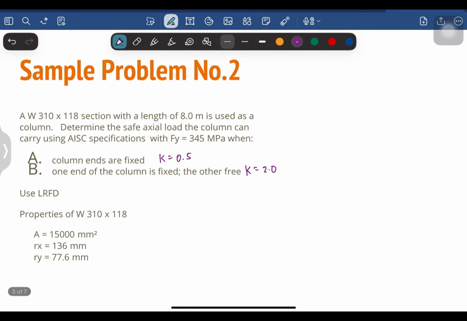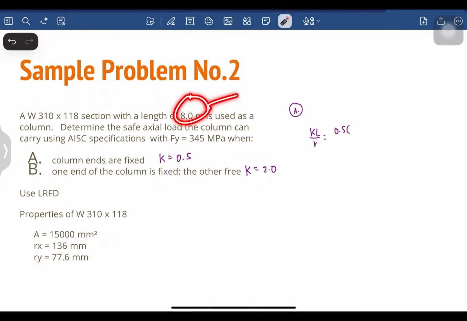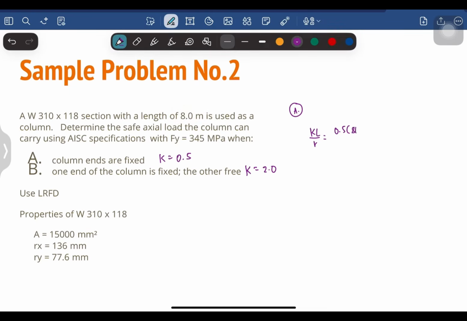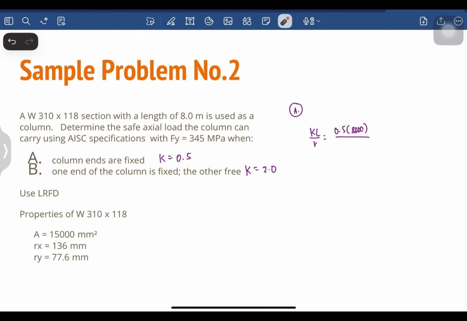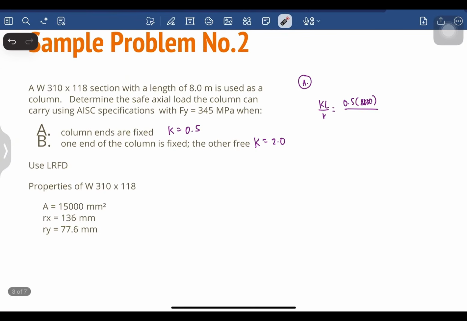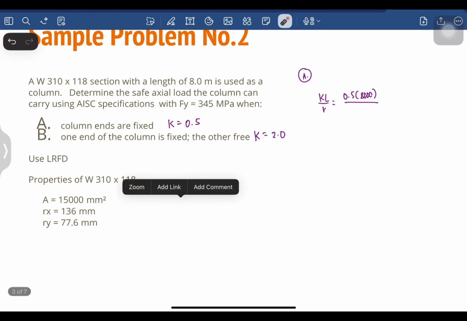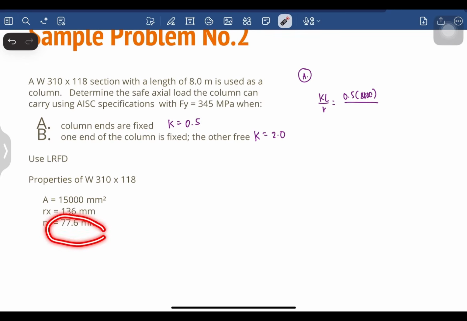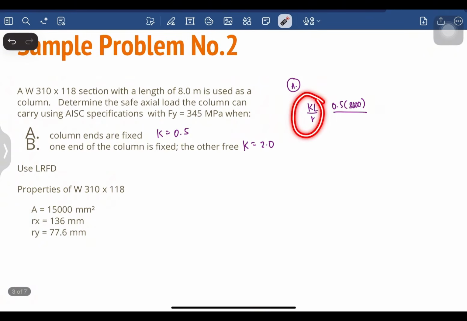So to solve this one, get the ratio for letter A. So 0.5 times the length of 8 meters, so 8,000 mm over the radius of gyration. So yung kukunin natin, yung recommended value for the radius of gyration is the smaller one kasi siya yung makakapagbigay ng larger value for this ratio.